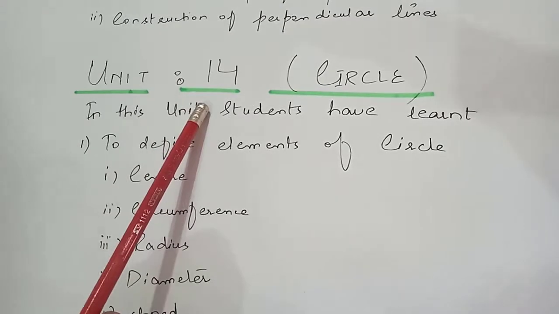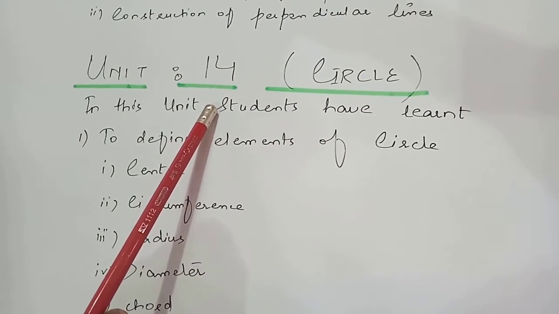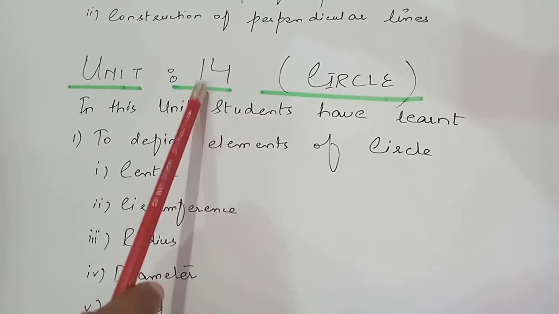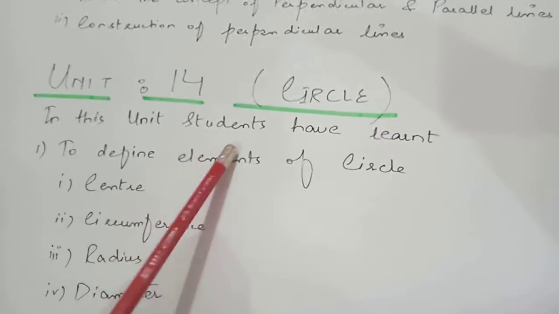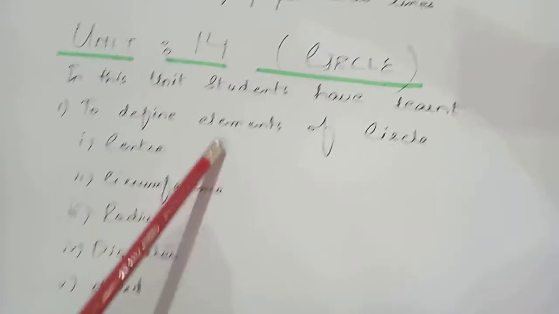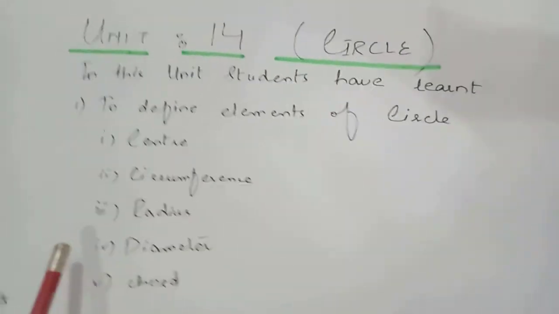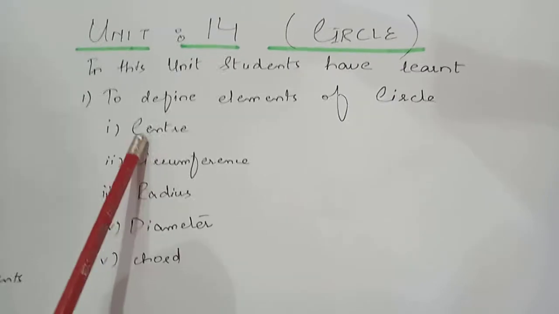Unit number 14 is also included in the syllabus of June and July. Unit 14, circle. In this unit, students have learned to define the elements of a circle. Firstly, we are talking about the circle.